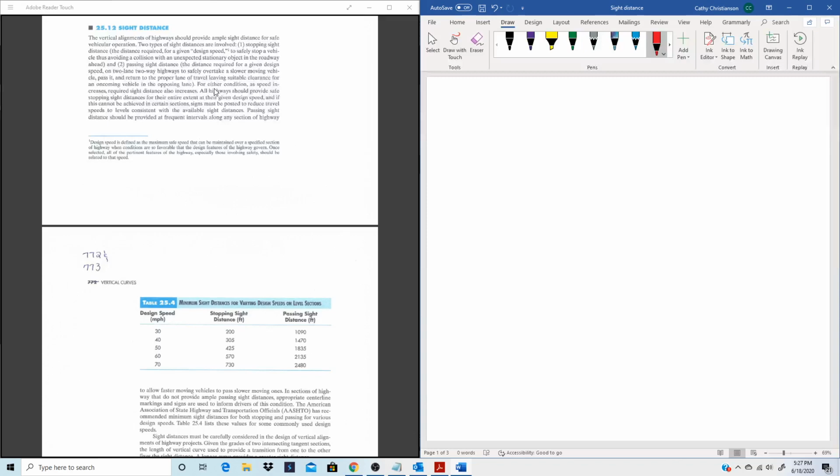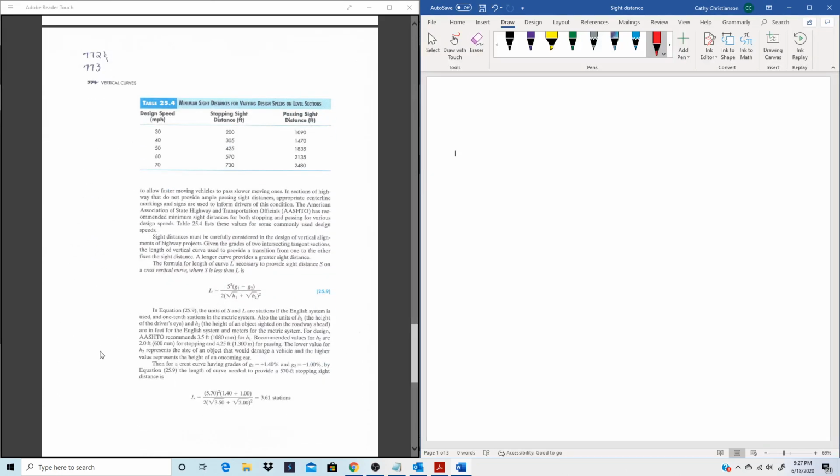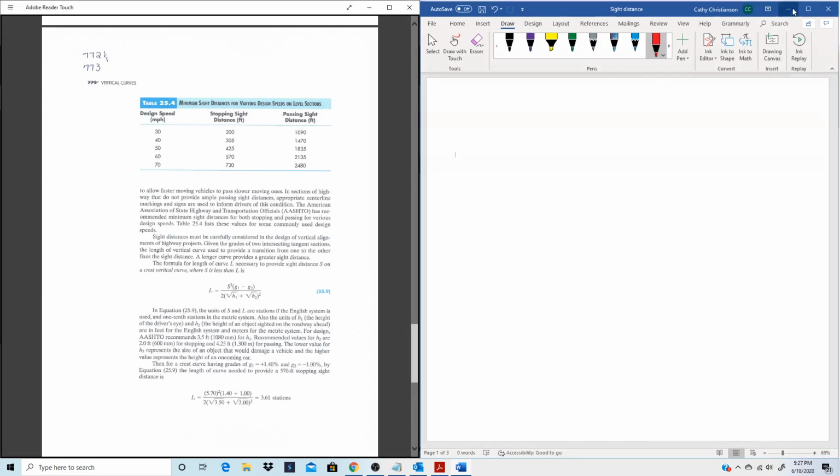When we're working with the crest, it could be stopping distance or passing distance, and we're going to be using a couple of formulas. The textbook just gave us a formula, and most people like me are visual people, so they want to know what H1 and H2 are. I'm going to show you really quick where that is.